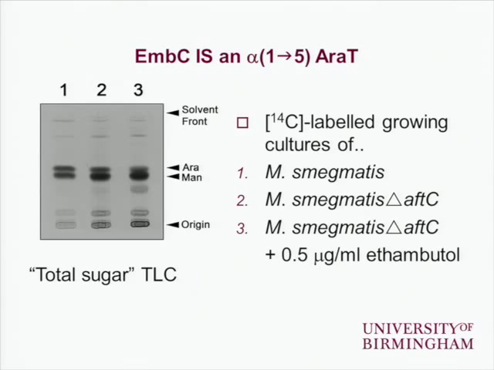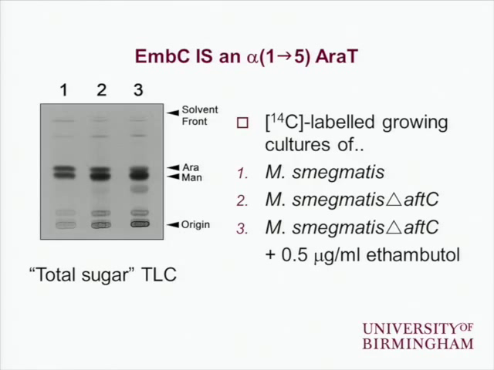And this can be shown again if we take out those products and look at them in terms of glycosyl composition based on hydrolysis. So typically in the wild type, you'd have arabinose and mannose like this. In our mutant product, we'd have arabinose and mannose, but there'd be much more mannose because that's the predominant sugar. When we treat with ethambutol, you can see that the amount of mannose has increased even further.